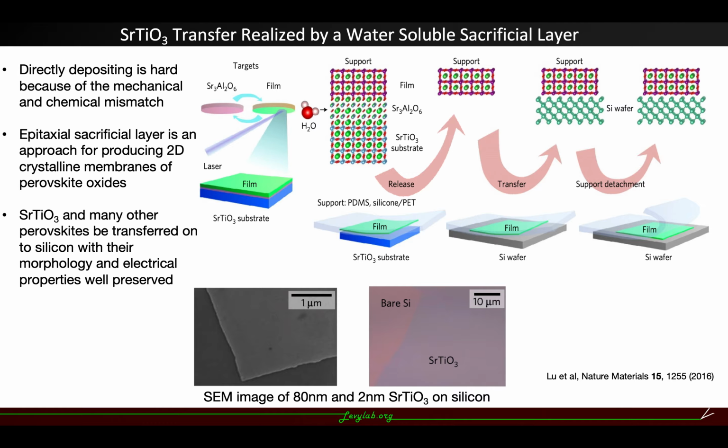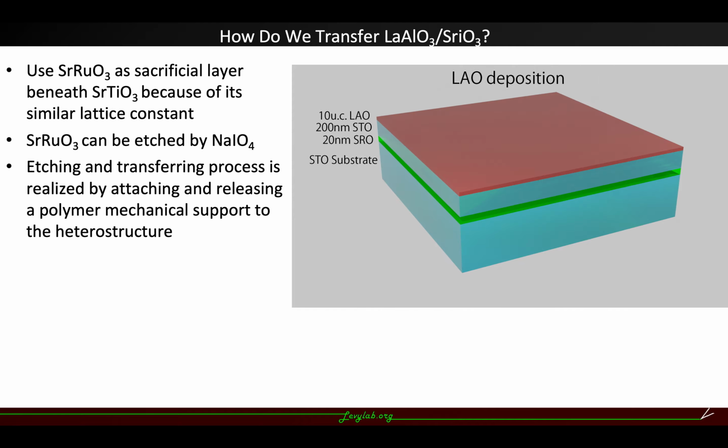First, we deposit 20 nanometers of strontium ruthenate sacrificial layer on SrTiO substrate. Then we deposit 200 nanometers of SrTiO and 10 UC LaAlO with PLD growth. And then we etch the strontium ruthenate away with sodium peroxide to release the LaAlO-SrTiO freestanding membrane.